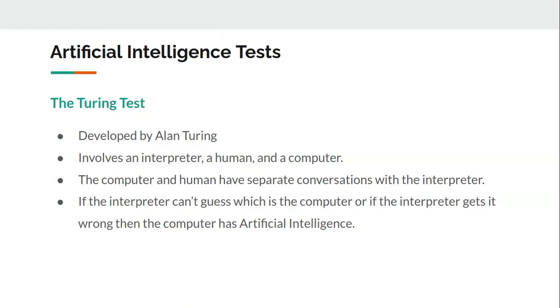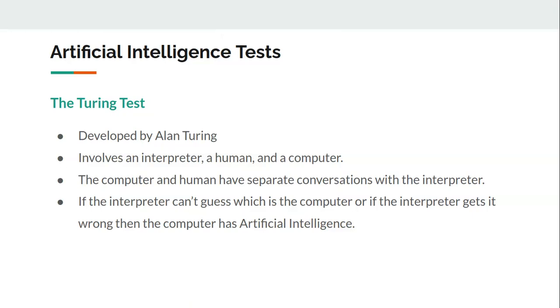If the interpreter can't guess which is the computer, or if the interpreter gets it wrong, then the computer has artificial intelligence. So look at this. The test here is for the interpreter to determine which one is the computer, which one is the human. The human being discusses with the interpreter, and the computer discusses with the interpreter.